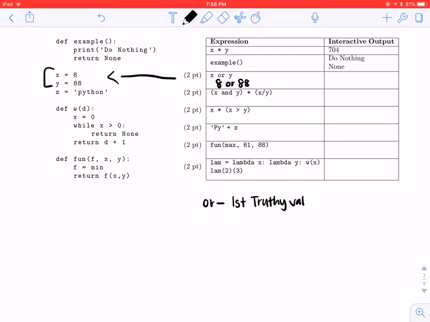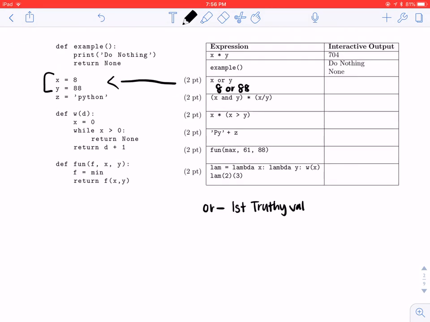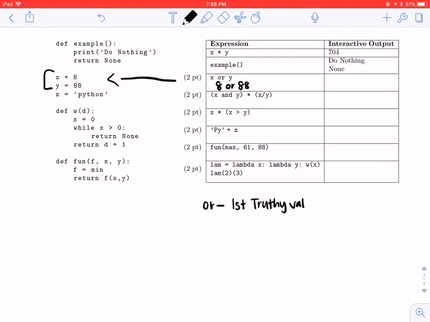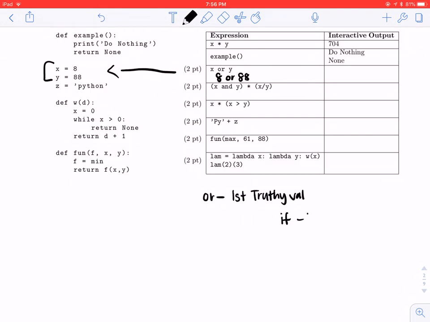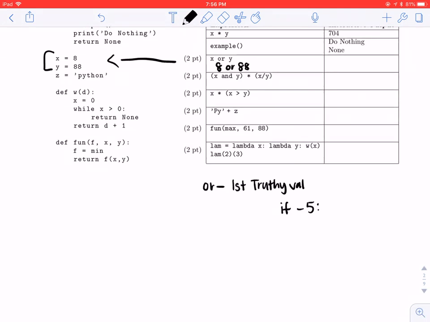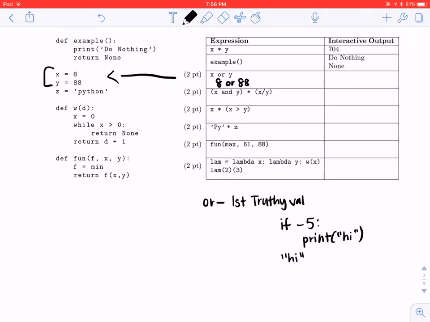What I mean by truthy is that 8 is not actually the value True, but any number besides 0 is considered truthy, which means it is pretty much just as good as True. Fun fact, if you were to write code that says if -5, print hi, it would actually print hi, because this works even for negative numbers; -5 behaves like True.